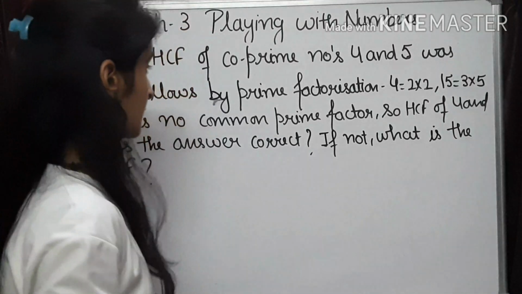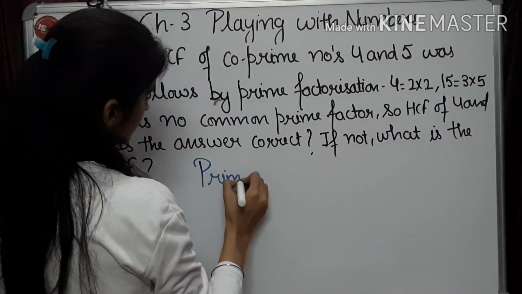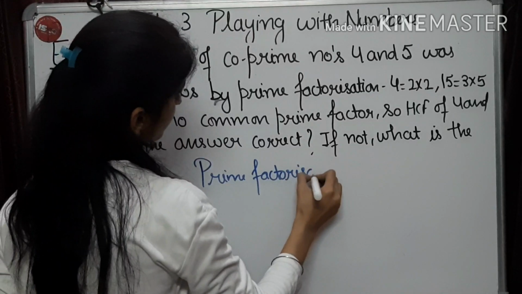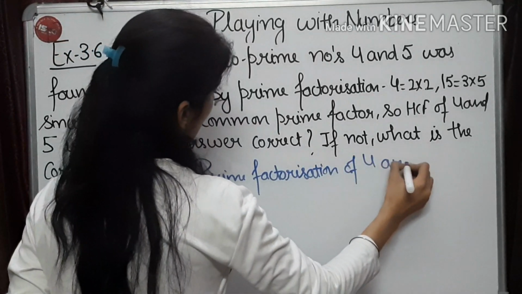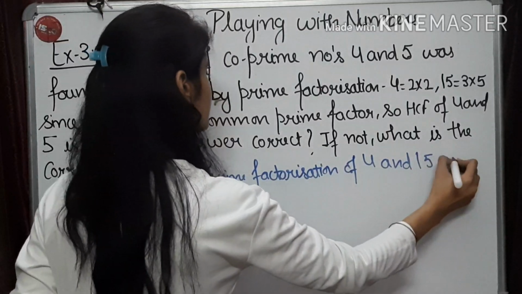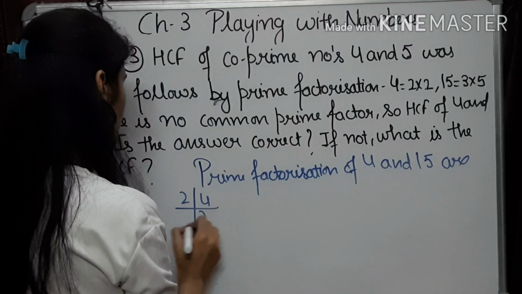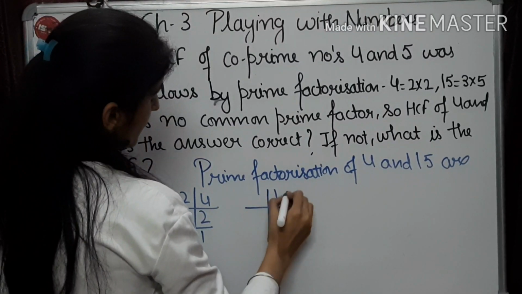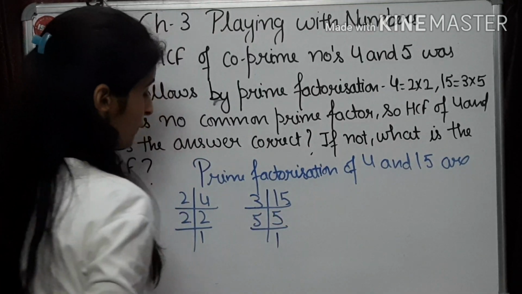Let's have a look here. The prime factorization of 4 and 15 are 2 2s are 4, 2 1s are 2, and 3 5s are 15, 5 1s are 5.